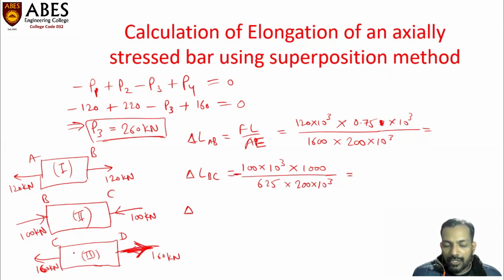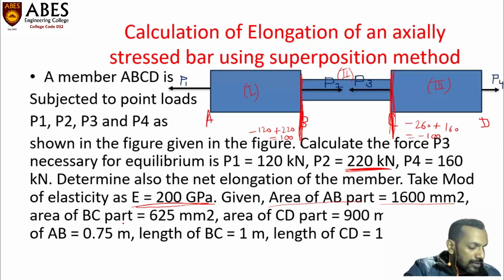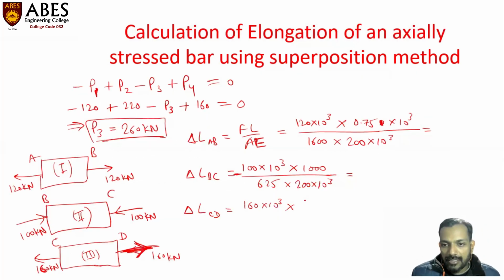What is the net elongation of the third part? Delta L CD is equal to F, which is 160 into 10 raised to the power 3, multiplied by L. What is the length of this portion? The length of this portion is 1.2 meters, that is 1200 millimeter. FL upon area.